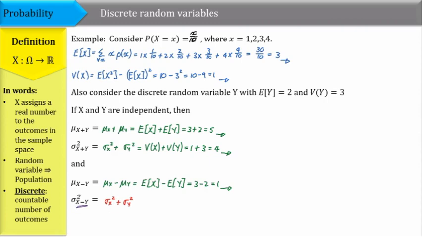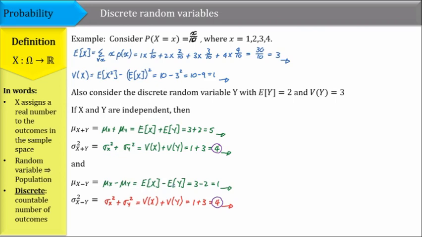If we take x minus y and we calculate the variance for that, then it will be the variance of x plus the variance of y. It doesn't matter whether this is x minus y or x plus y, this calculation will always be the sum of the variances, always. So in this case, the sum of the variances will still be 4, like it was in the previous case.